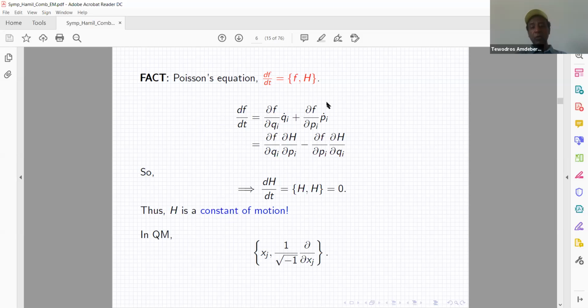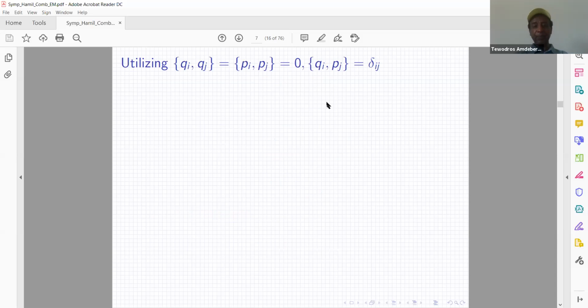And this Poisson notation is quite convenient and actually had good foresight because it helps quantum mechanics to be related this way, although we'll not go into that.